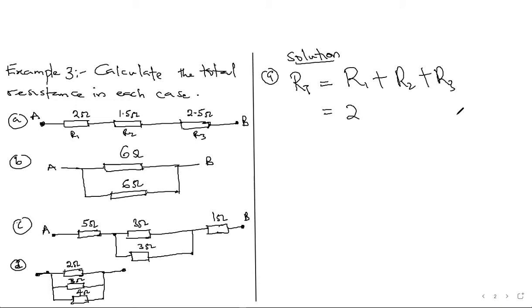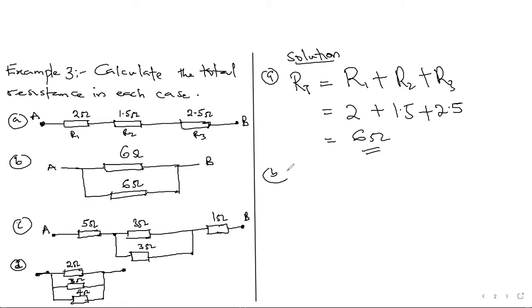That will give you 2 plus 1.5 plus 2.5. 1.5 plus 2.5 will give you 4, plus 2, that's 6. So 6 ohms is the total resistance between A and B.